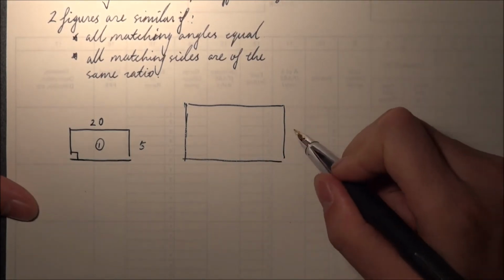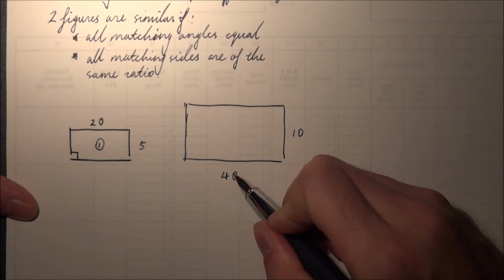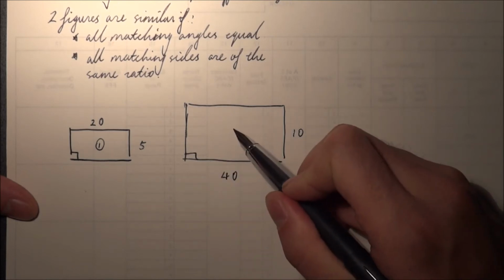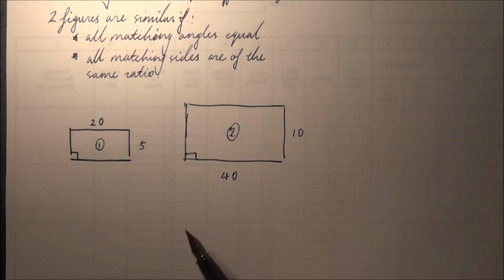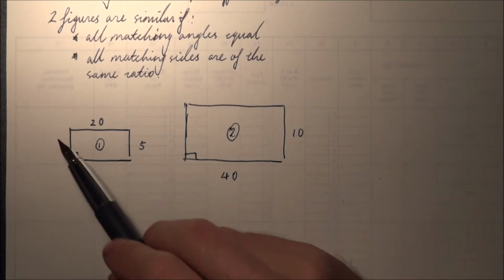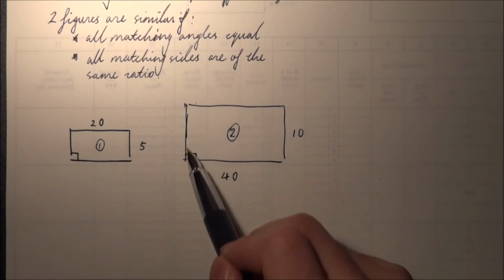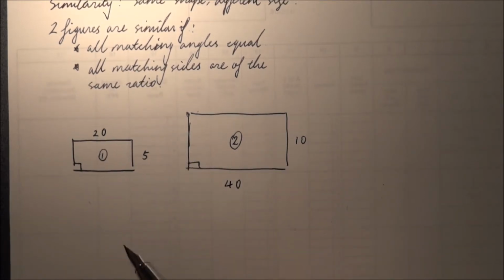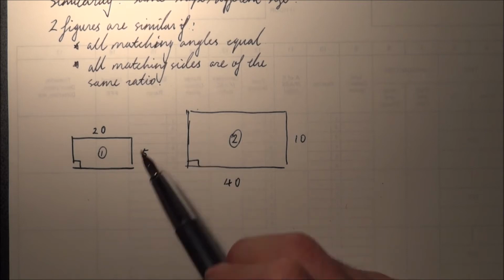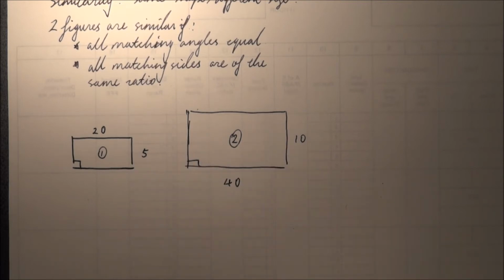This one's 10 wide and 40 long. Of course, if they are both rectangles, all angles are equal. And then all matching sides: this angle and this angle are the same, this and this are the same, and so on.